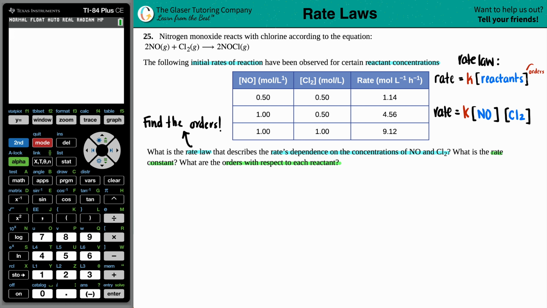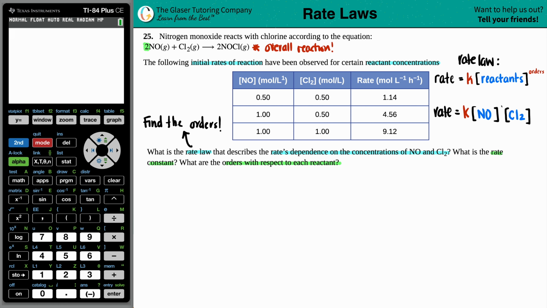So now here comes a little bit of a challenge, but don't worry, we got this. Because do we know the order for NO? The idea here is that if they give you a chart, we generalize that this balanced equation they give us is an overall reaction. If it is an overall reaction and not an elementary step, we cannot assume that since NO has a coefficient of 2, it is going to be squared.